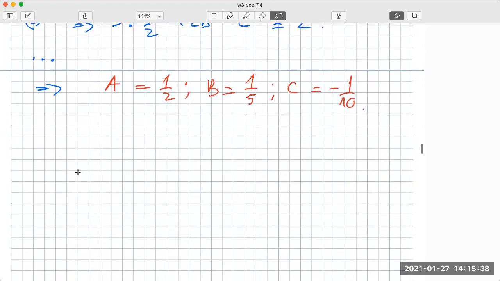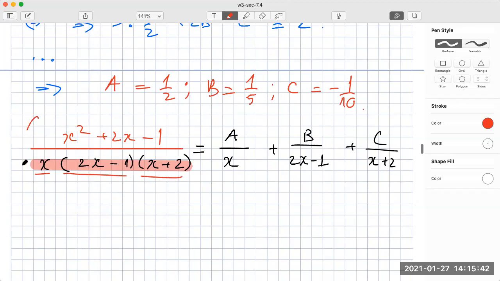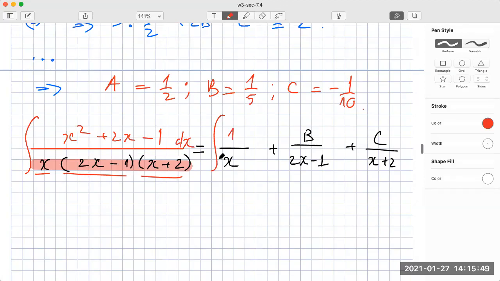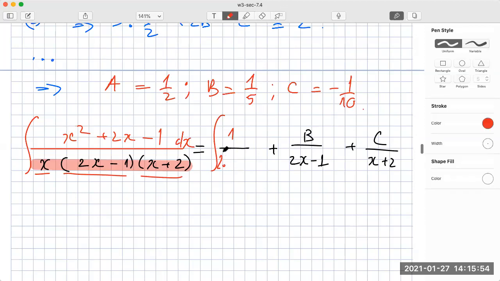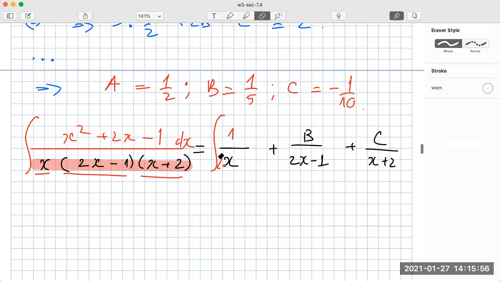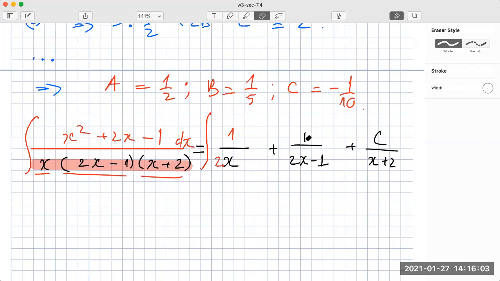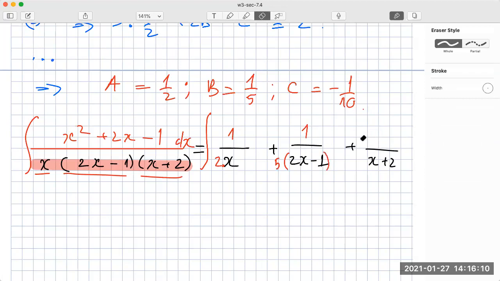Therefore, we have dx is equal to, this guy is 1/2, b is 1/5, and c is negative 1/10.